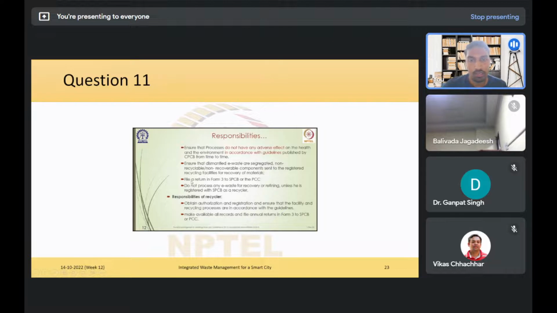Also, in addition to that, they have to file a return as per the SPCB, and any process for recovery or refining should not be carried out by the dismantler, right? Their job is only dismantling. The recovery of the materials should be done by the registered recyclers, so it should not happen by the dismantler. So these are the responsibilities of dismantling.